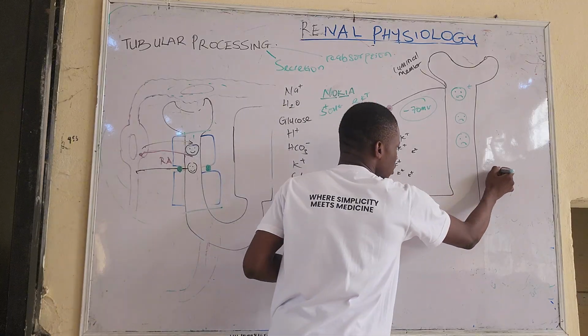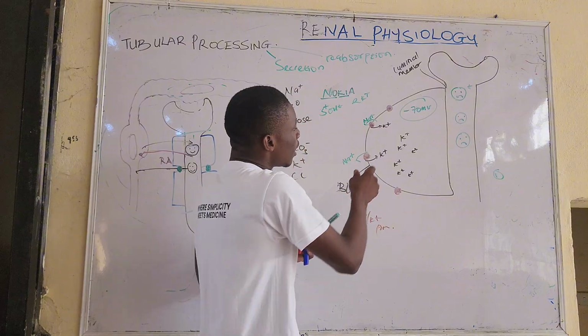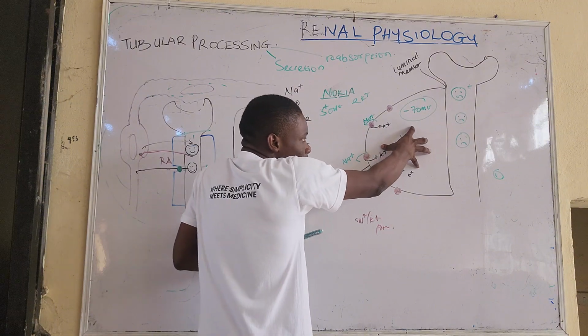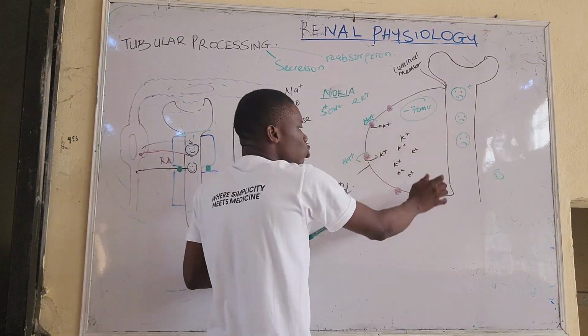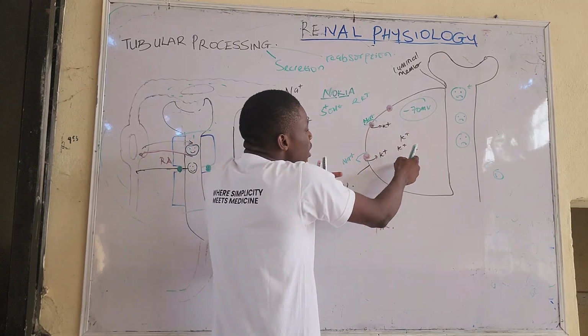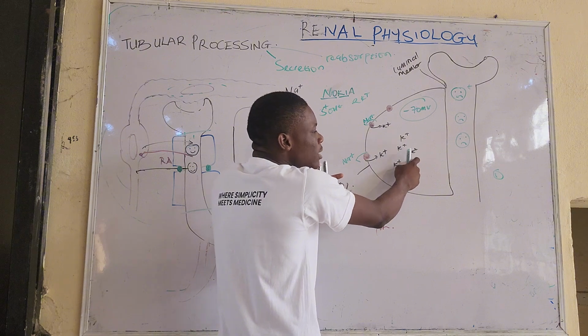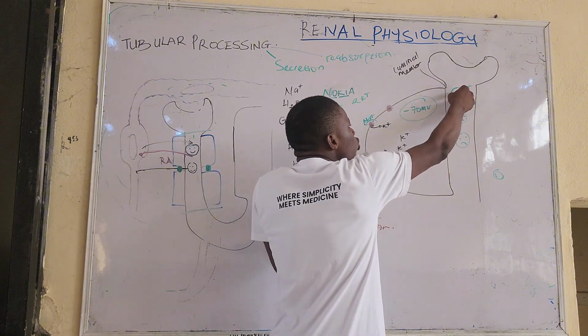That's one. Number 2, one other thing that will be dragging it in is that there is a lot of potassium inside this place, but there is less sodium. Now the sodium is being pumped out, but there's more potassium inside the cell, so there's less sodium inside the cell. Sodium too wants to enter the cell.